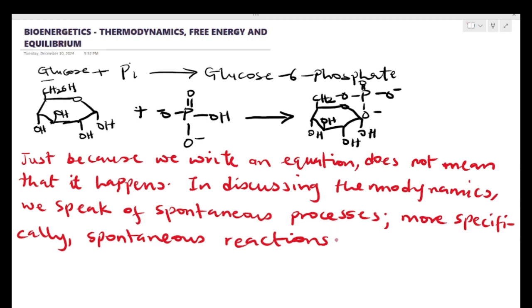Yes, that is it. So just because we write this equation of glucose plus inorganic phosphate does not mean that it happens. When we are looking at thermodynamics, we are actually looking at spontaneous reactions.